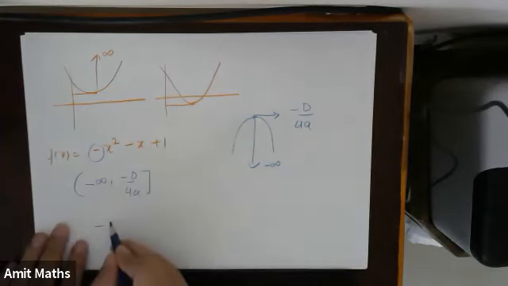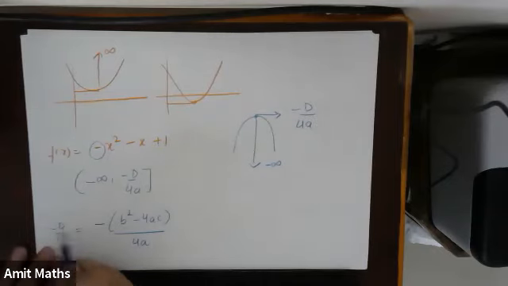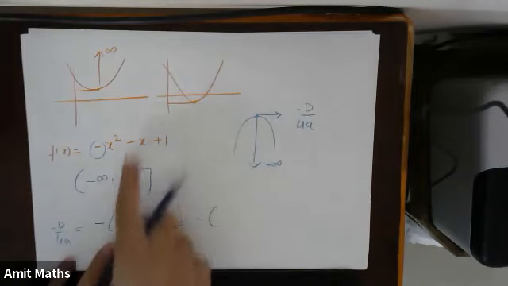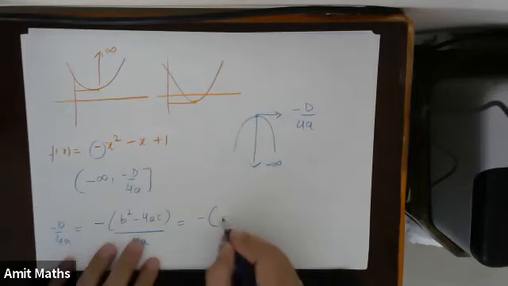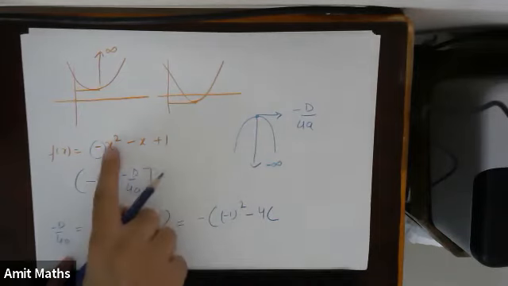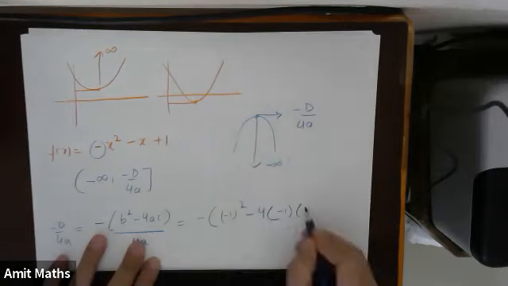So minus d will be b square minus 4ac, divided by 4a. Okay, this will be the value of minus d by 4a. I will substitute the values. What is b in this? B is minus 1. So this is minus 1 whole square minus 4 into, what is the value of a? Minus 1. And what is the value of c? 1.